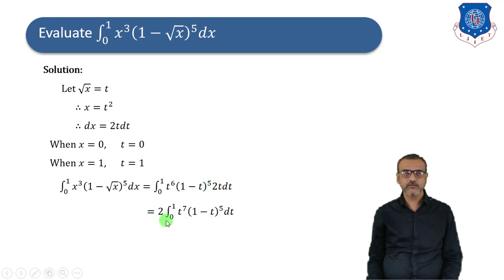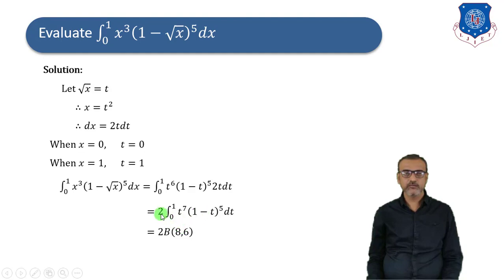So this equals 2 times the integral from 0 to 1 of t raised to 7, (1 minus t) raised to 5, dt. Now just write t raised to 7 as t raised to 8 minus 1, and (1 minus t) the whole raised to 5 as (1 minus t) the whole raised to 6 minus 1.